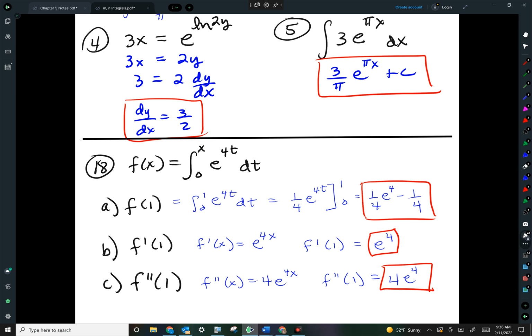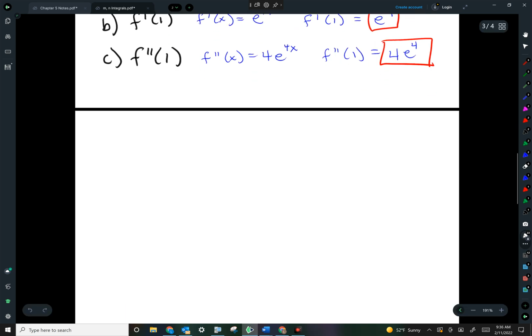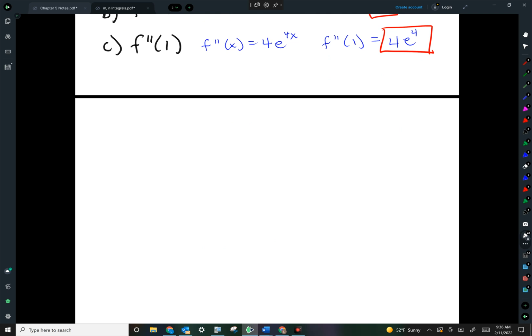Chloe, pick a number between 1 and 17. 13. Did we already do 13? We did 13. 15. Good choice. Come on, you guys. Don't make me feel like I wasted the last class period.